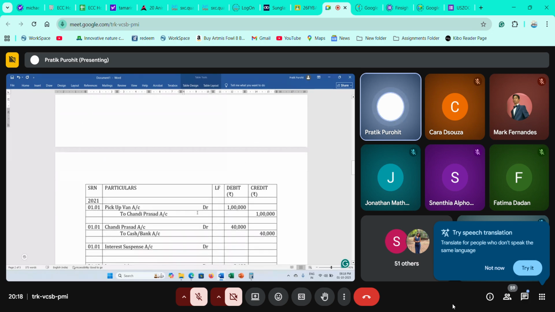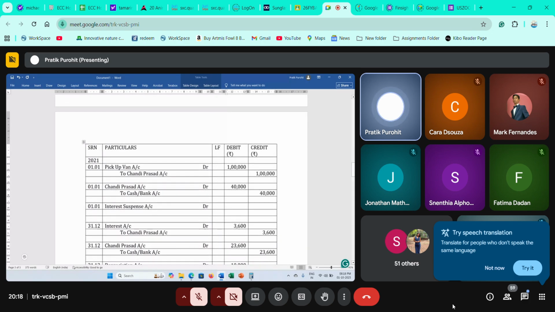So we put it here, interest suspense account 7,200. And with this we increase the claim of Chandi Prasad by 7,200. Now when I want to charge interest, Chandi Prasad has already been given a credit effect of 7,200 here, so you don't need to increase the claim.